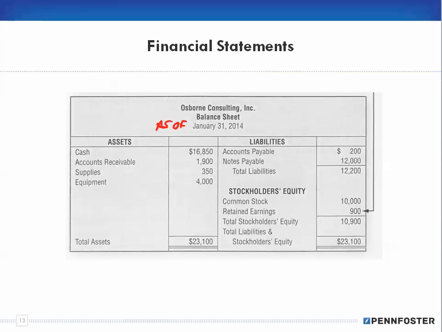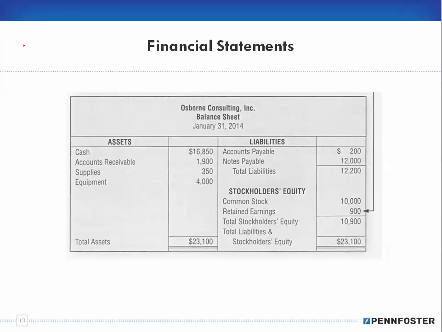As I expressed before, I like using the as of because it connotes it's as of this specific date. Whereas just having the date, somebody who doesn't know how to read the statements that well might think that these are the balances in the accounts for just that date itself and not since the inception of the business.